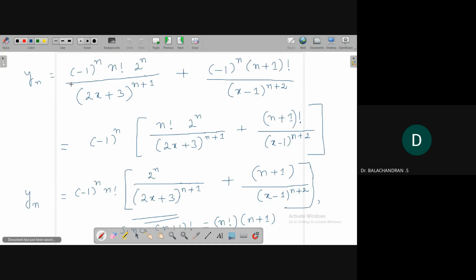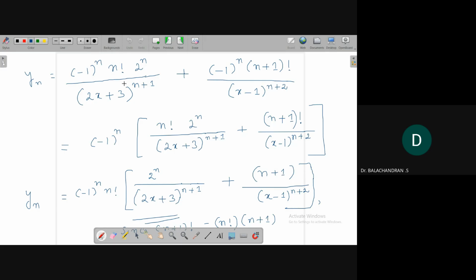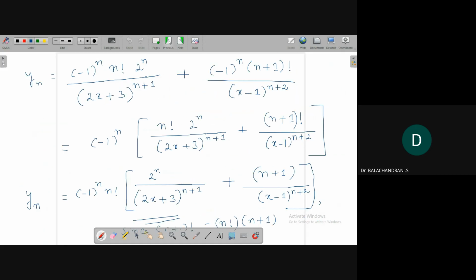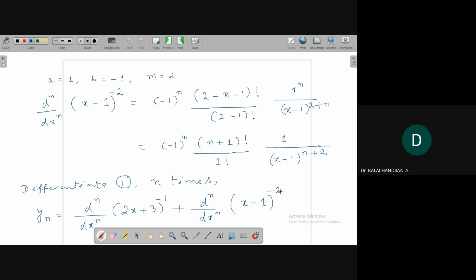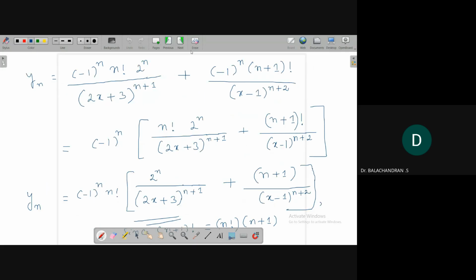So yn is equal to nth derivative of this function, which is minus 1 whole power n into n factorial into 2 power n by 2x plus 3 whole power n plus 1. You can check it. Next, nth derivative of x minus 1 whole power minus 2, so this expression I should write: minus 1 whole power n into n plus 1 factorial divided by x minus 1 whole power n plus 2.